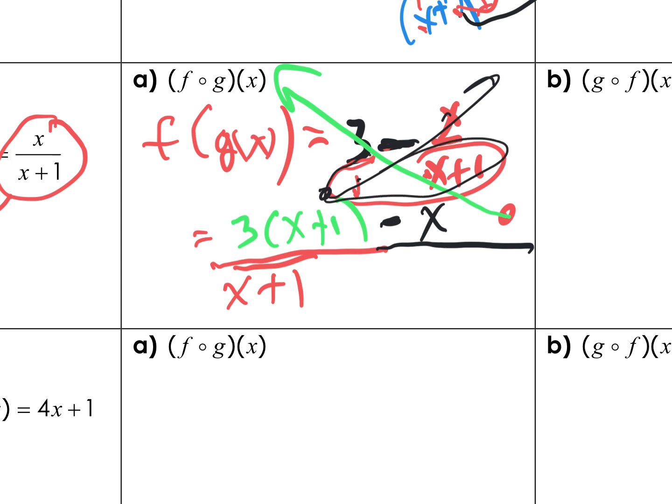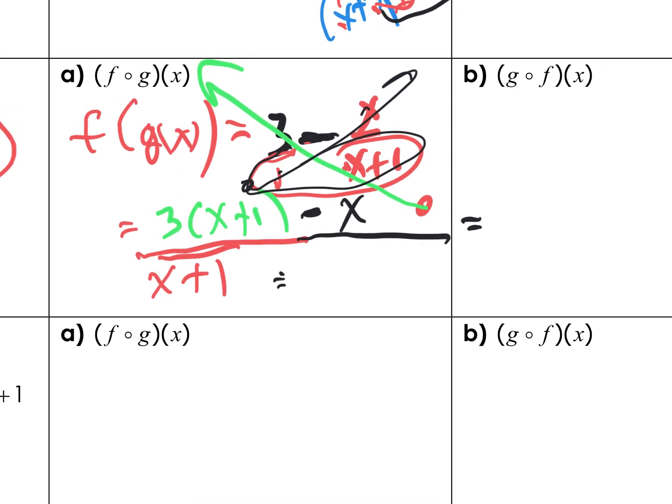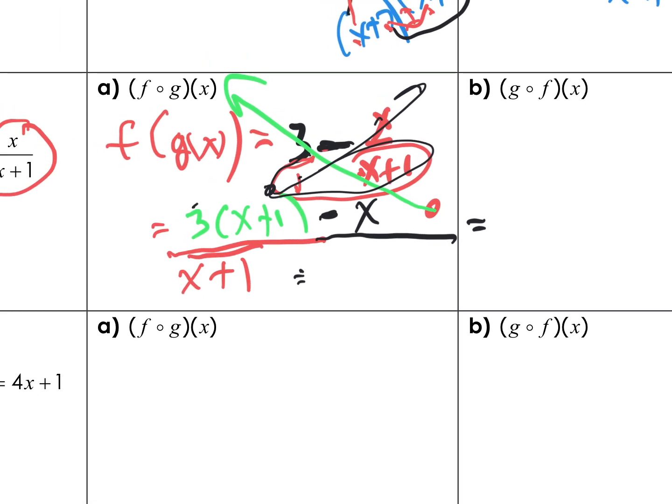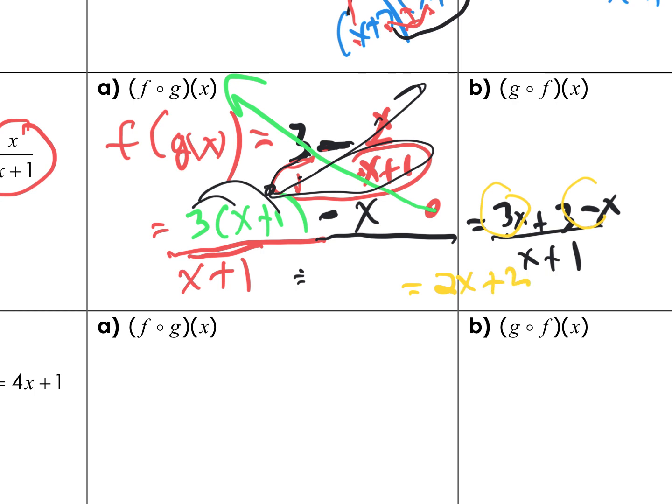Of course, we should simplify this a bit. Let me just continue over here. I don't have to do the other one there. Distribute: 3x plus 3 minus the x all over x plus 1. Okay, with that, 3x minus the x, we always combine like terms, equals 2x plus 3 all over x plus 1.